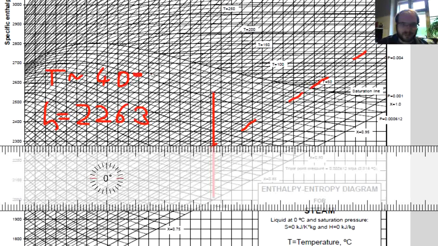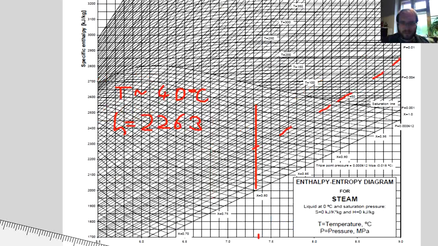And lastly, since we are here at the turbine outlet, we can also see what the steam quality is. The steam quality are these curves, and they have their legend over here. So you can see 70%, 75, 80 and so on.